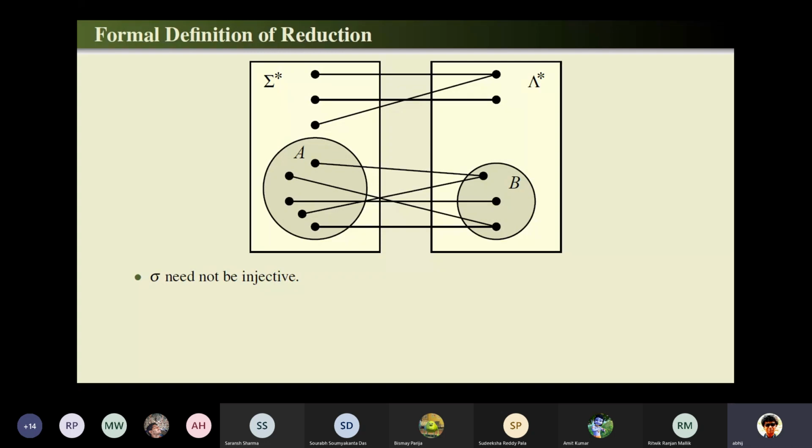No other functional property is needed, injectivity, bijectivity, and all that stuff. In particular, you can see, for example, that this maps to this maps to this, and so on. But this is perfectly okay in terms of reduction.